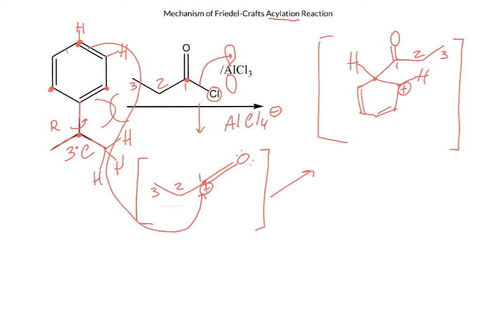To do so, we'll use aluminum chloride to deprotonate the carbon that had undergone substitution, and this bond will break, go toward where the new pi bond will be, and aromaticity of the ring is restored. So our product is para-disubstituted benzene, the isopropyl and ketone.